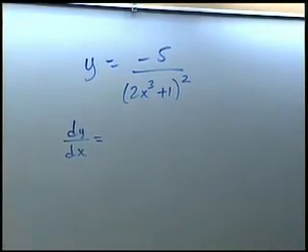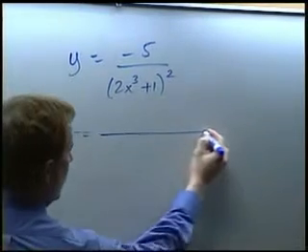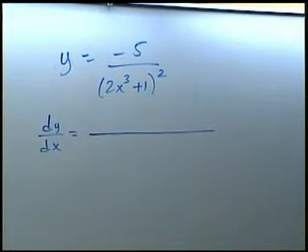Okay, what do I start with on my quotient rule? What's the order on this one? The order is very important here. Do I start with the numerator or the derivative of the numerator? Okay, I start with the numerator as it is times the derivative of the denominator. Wait, let's see, did I do that right?